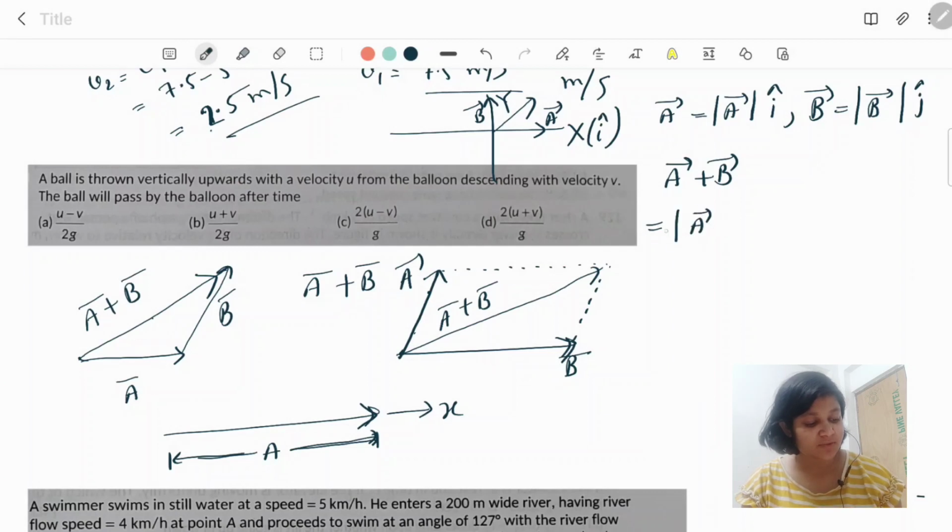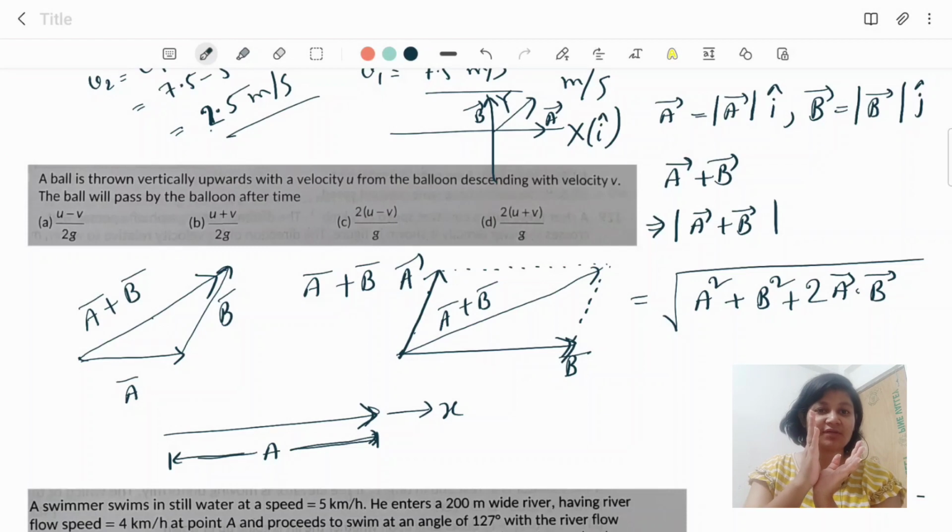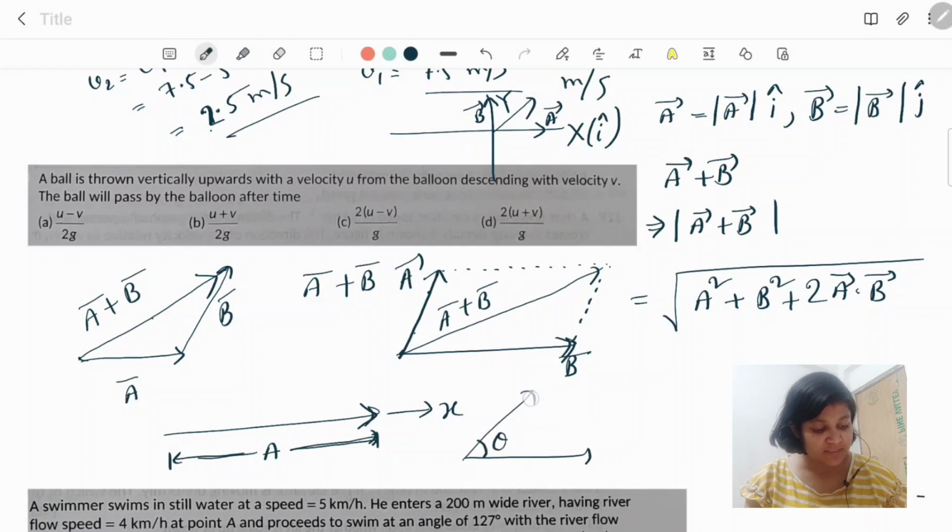If we want to find out the modulus of A plus B, then the modulus would be nothing but the square of the components plus 2 into the dot product of the two vectors. Now the dot product of the two vectors is nothing but the projection of the vector A along the direction of the vector B. That means if the angle between them is theta, A dot B means the projection of A along the direction of B, or we can express that in terms of a cosine function.